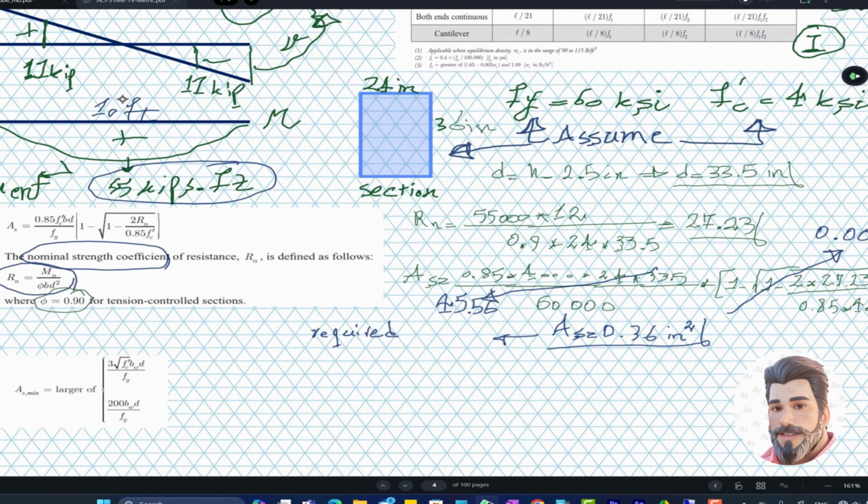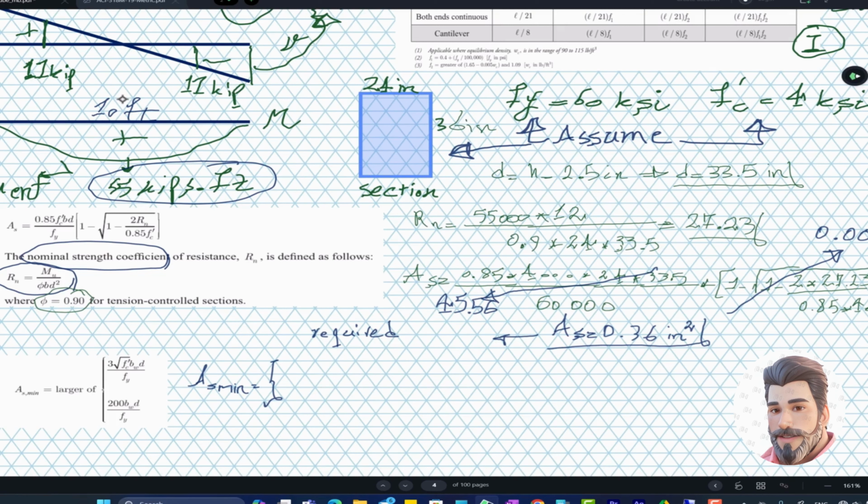In this example, the minimum rebar for this beam according to the ACI formulas is equal to 2.54 and 2.68 square inches, which we choose the maximum value for use.